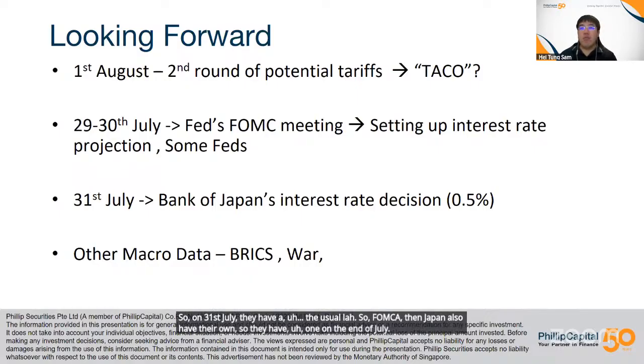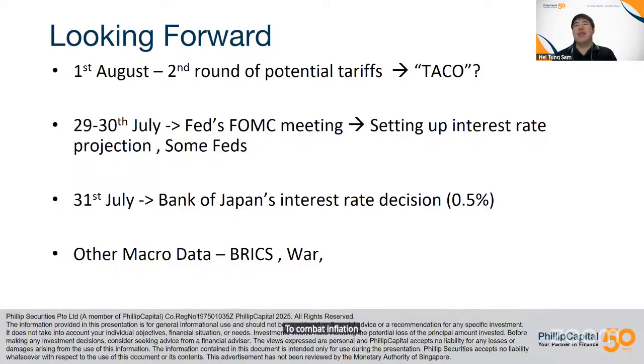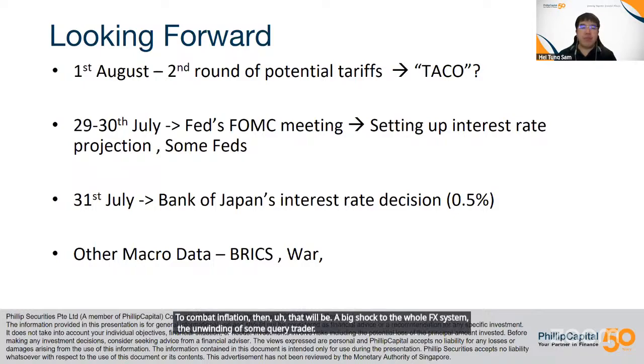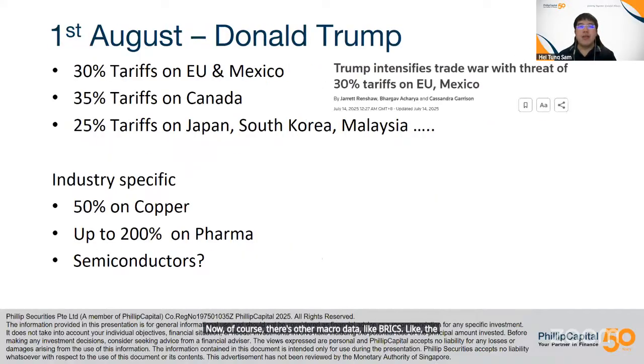That is also very important because the Japanese yen is used a lot for carry trades. If the yen decides to increase interest rates to combat inflation, then that will be a big shock to the whole FX system, with the unwinding of some carry trades. Then of course there's other macro data, like BRICS, the war and so on.